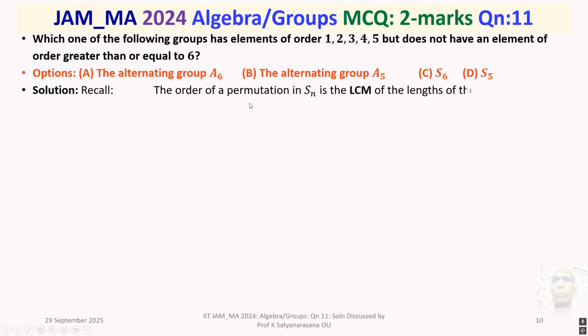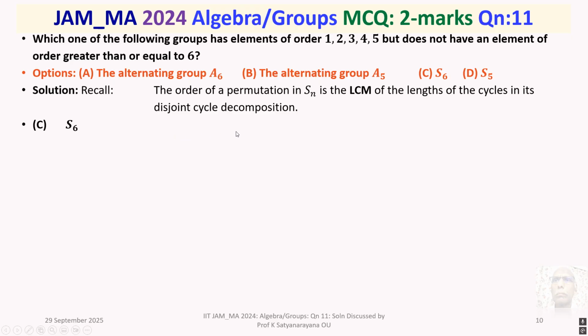We recall the order of a permutation in Sn is the LCM of the lengths of the cycles in its disjoint cycle decomposition. In other words, it's the LCM of the cycle type, that is the LCM of the corresponding partition. Let's first of all take option C, that is S6.